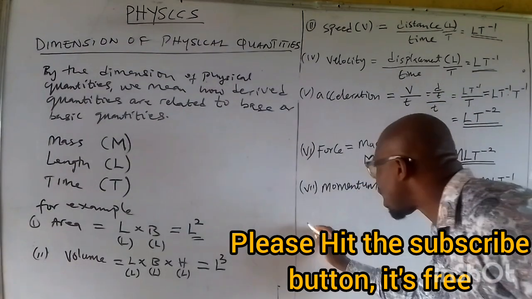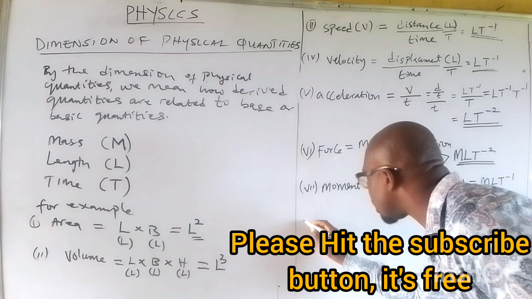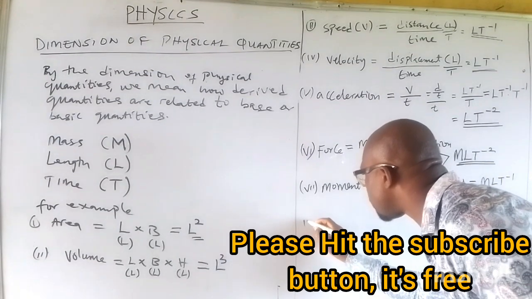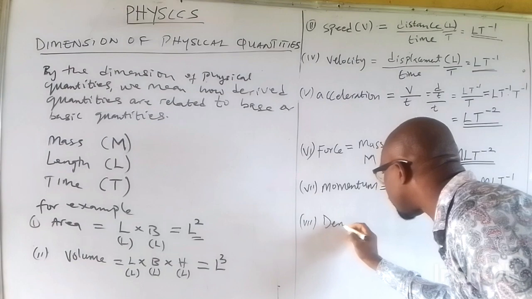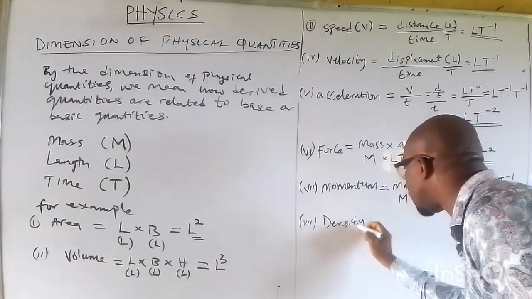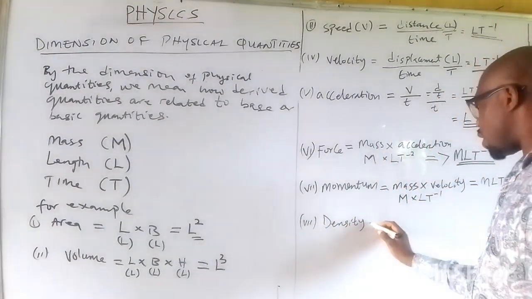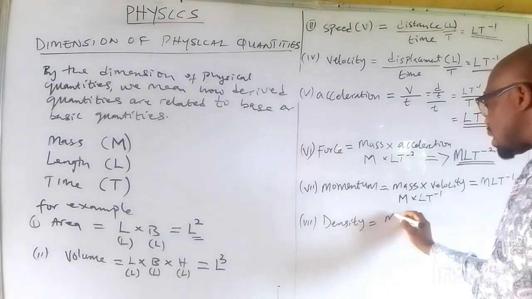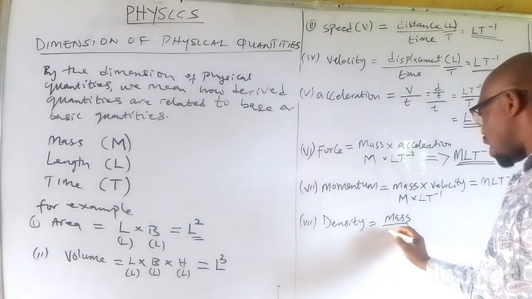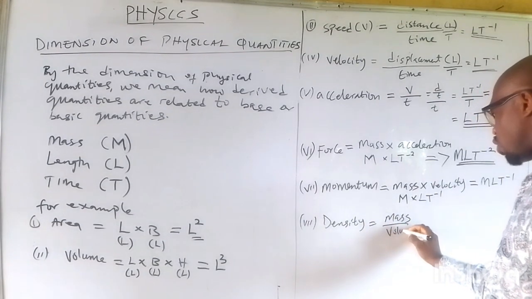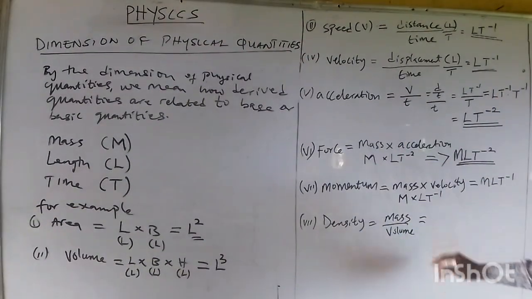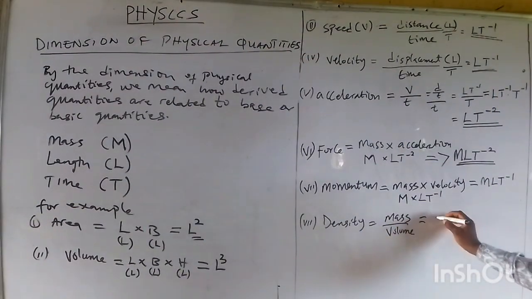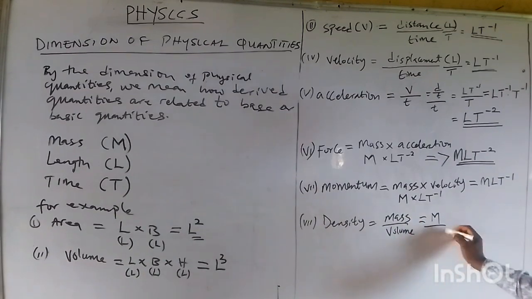Okay, we can have another one, density. If we have density, which is expressed as mass over volume. Remember, mass is given as capital M, all over volume.